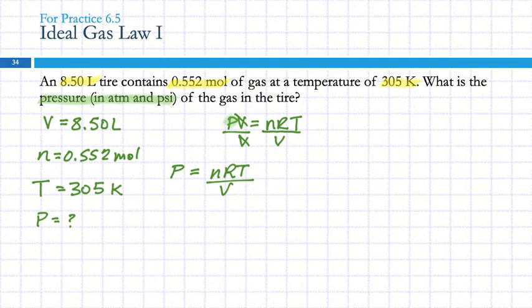Well, there's an R in there, and we didn't write down what that was. So let's add that in down here. I do give you this number on the info sheet for the exams. You'll be able to do problems a lot faster if you memorize it. 0.08206, and the units are liter atmospheres per mole Kelvin.